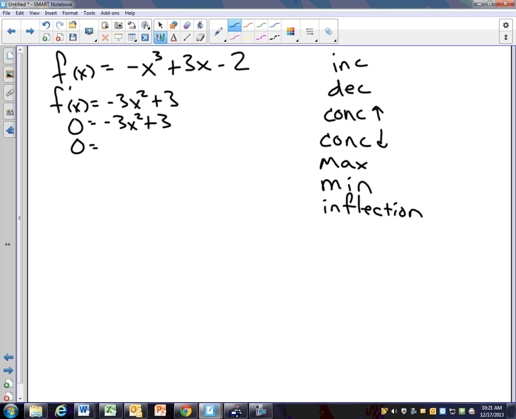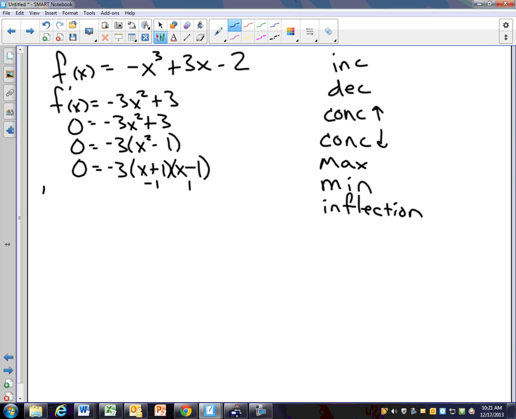And you can factor out x squared minus 1. Does that factor? x plus 1, x minus 1. So what are your solutions? -1, +1.